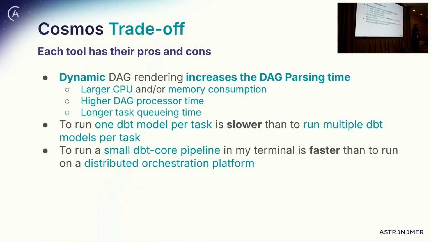And this is something I didn't realize until a year ago when I was talking to Jarek and other people who know more about Airflow than I. And then another thing to keep in mind is this idea of running one model per task is slower than if you were running a single dbt command with all the pipeline, because there is an overhead. There will be an overhead to schedule a task. There will be some communication. And so this may not be the solution for many people.